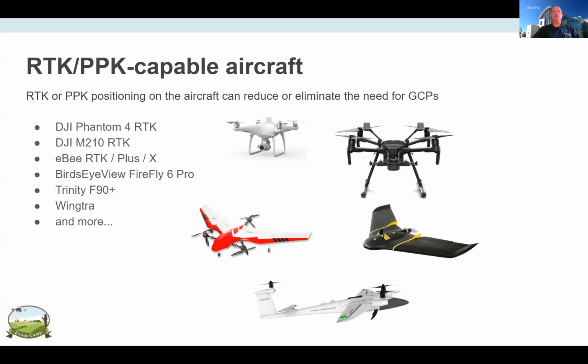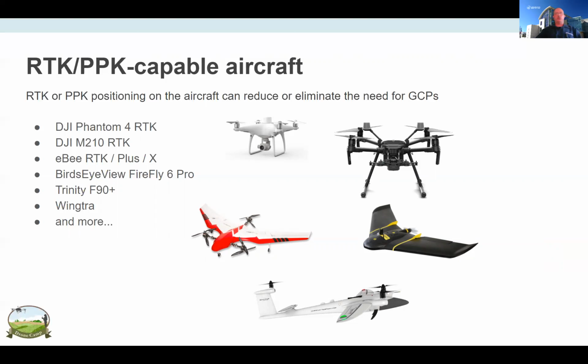The M210 RTK is an enterprise level DJI rotary wing aircraft that also has RTK capabilities. There are fixed wings with RTK, such as the Bird's Eye View Firefly and the Trinity F90. Wingtra makes one, that's a VTOL. So there are a number of aircraft that you can buy off the shelf that include RTK GPS capability.